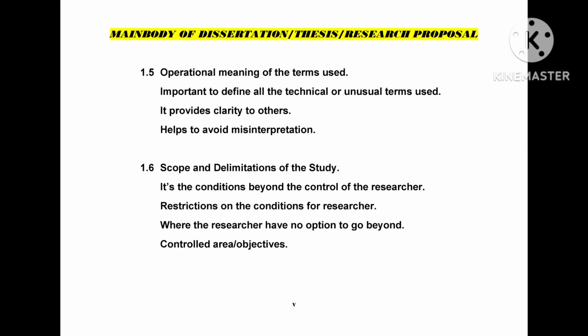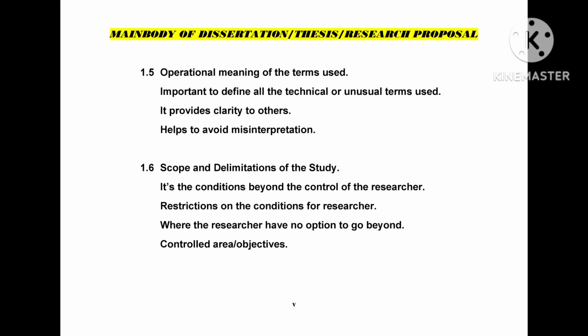Then under 1.5 we have to state the operational meaning of the terms used. Operational terms means there may be some technical terms which may differ from place to place. Suppose achievement. Achievement means what achievement?